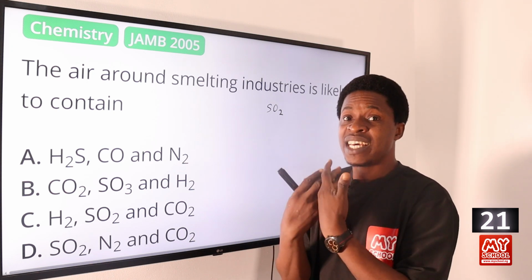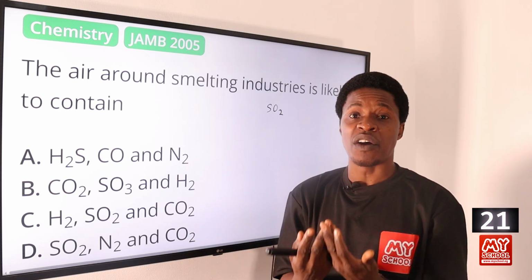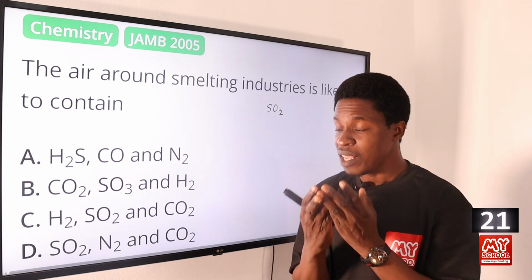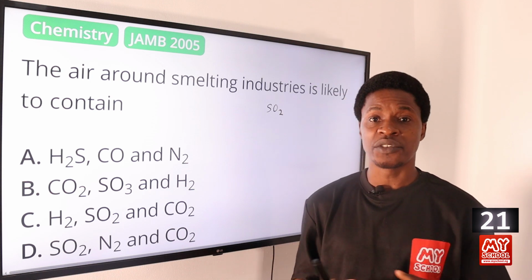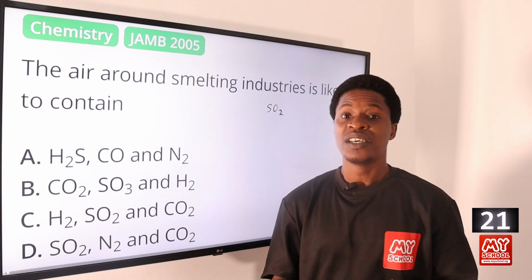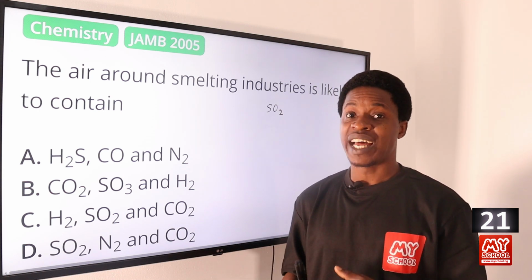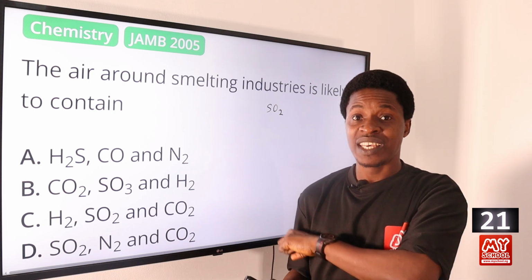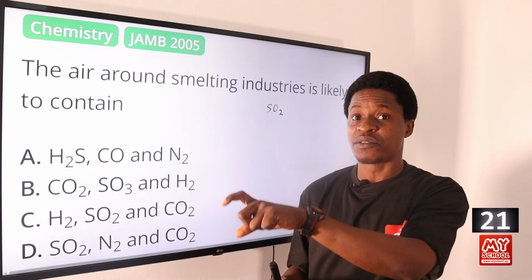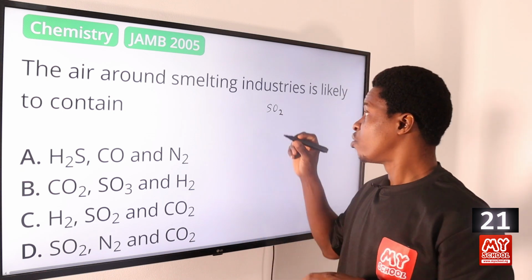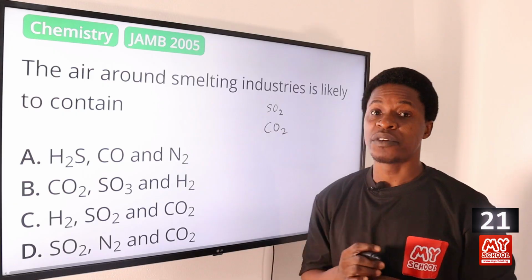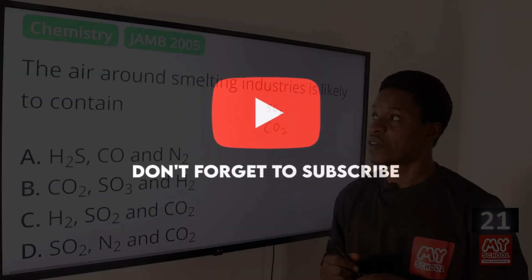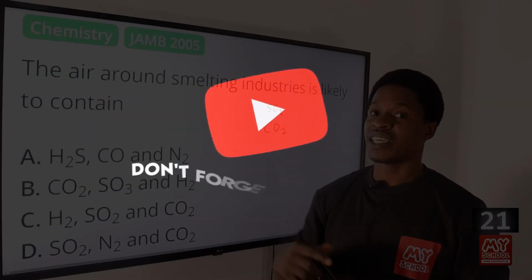The reducing agent we bring in is usually fossil fuel, and fossil fuel has a high content of carbon. Carbon from the fossil fuel will react with oxygen from the ore to produce carbon monoxide, and eventually carbon dioxide into the atmosphere. Don't forget, the air around there will contain that.